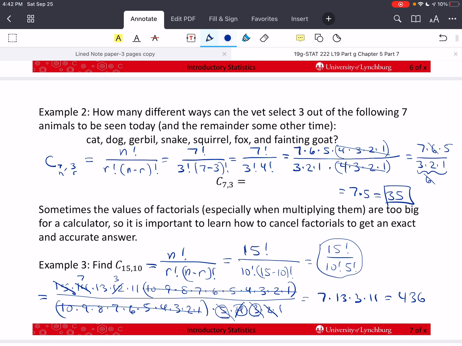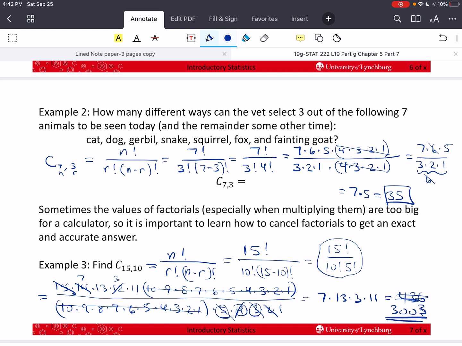And did I forget my, no, so I got 7, 13, 3, and 11. Oh, I must not have multiplied one of the numbers. So this is 3003. Okay.